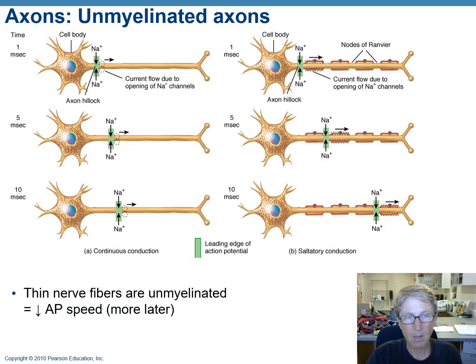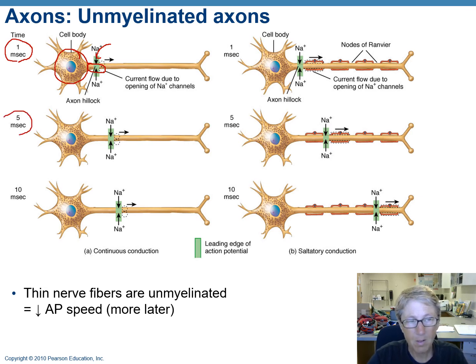So there's myelinated and unmyelinated axons. If we look at this top cartoon, it shows a neuron. Here's the cell body. Here's the axon hillock. It shows sodium rushing in a voltage-gated sodium channel, and the time is at 1 millisecond.